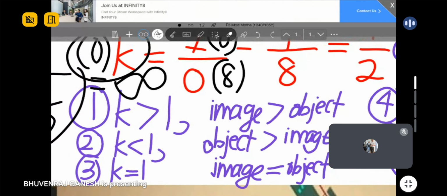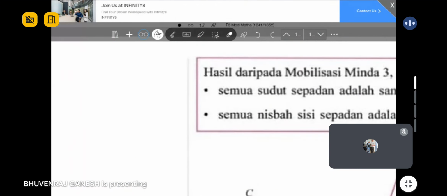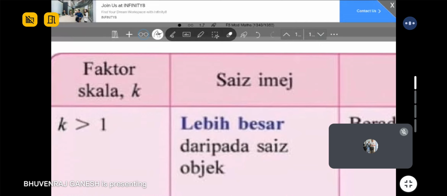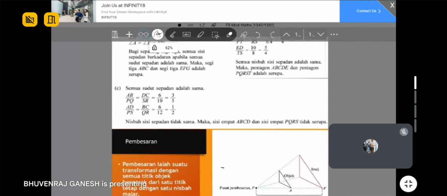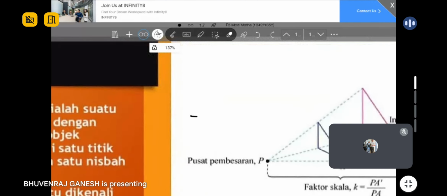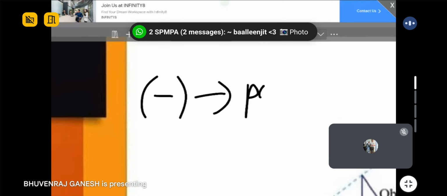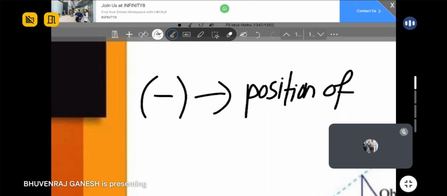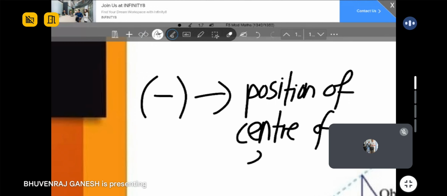So positive or negative is based on the center of enlargement, kat mana kedudukan pusat pembesaran dia. Always remember this, guys. So this negative depends on the position of the center of enlargement. Kedudukan pusat pembesaran. Bukan image lebih kecil lah.